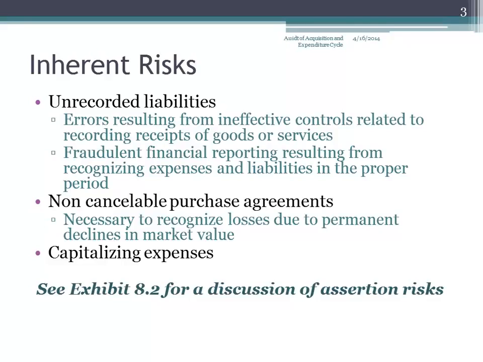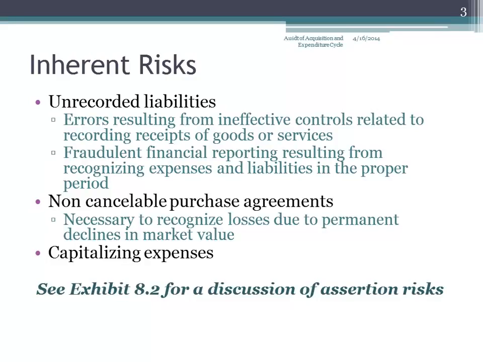So when we're thinking about the assertions, remember, we're thinking about where's our risk, right? Where's the risk that there could be a material misstatement in the accounts and it not be detected. And as the auditor is going through the audit planning process and they're assessing inherent risk, they're assessing control risk, these are the types of things that they're doing.